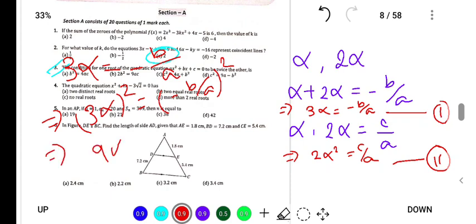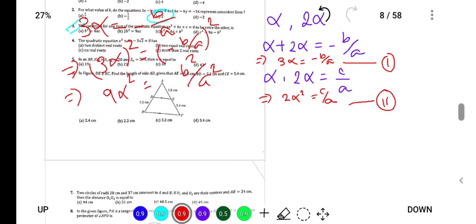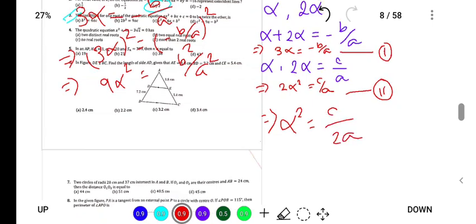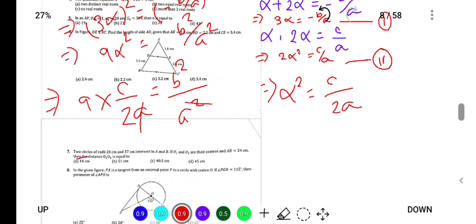Now it will be 9 alpha square is equal to b square upon a square. Now put down the value of alpha square. Here alpha square is equal to c upon 2a, so 9 times c upon 2a is equal to b square upon a square. So a will be cancelled.